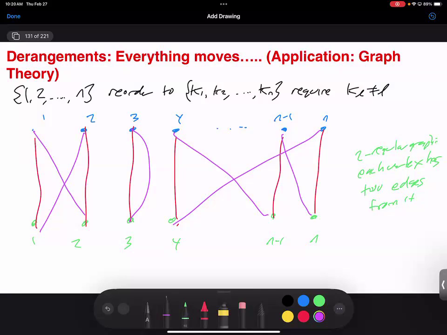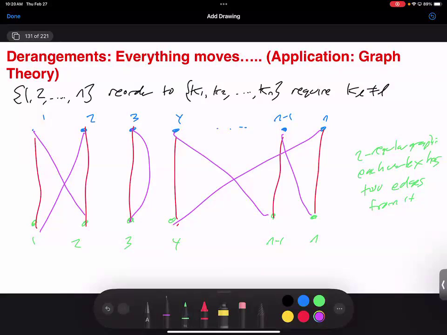You have n vertices. If I want to connect everything to everything, that's n choose 2 pairs. That's on the order of n squared. It turns out if you do a d-regular graph, so that every vertex has exactly d neighbors, that's linear in the number of vertices. And if that can have good connectivity properties, 3 steps is often not so bad.